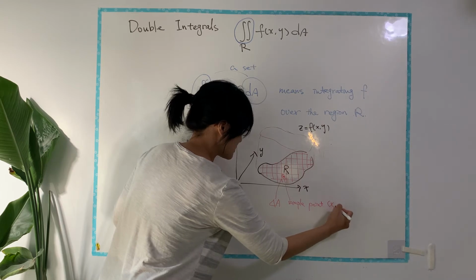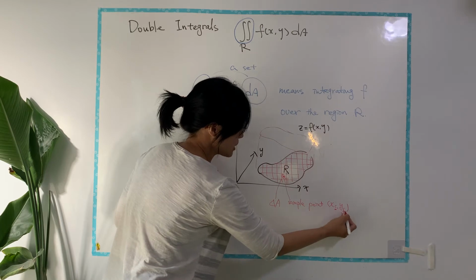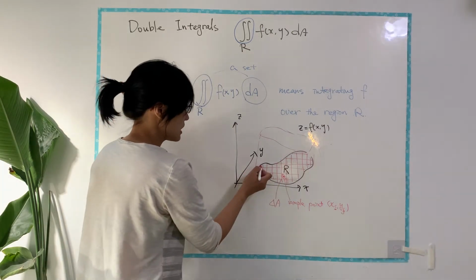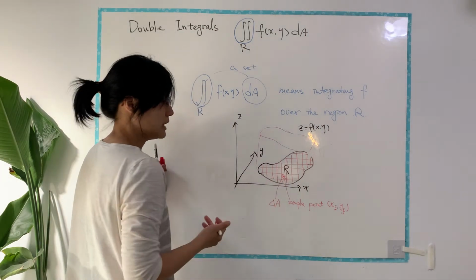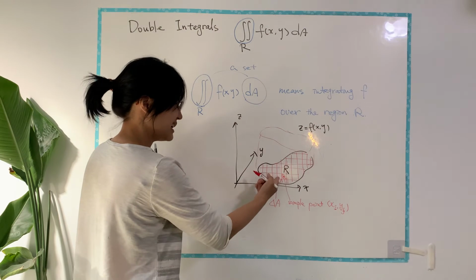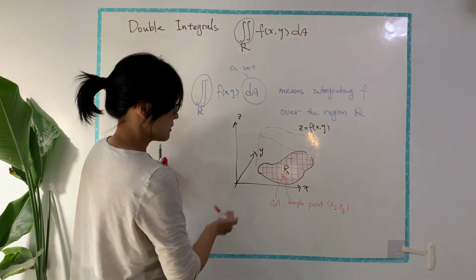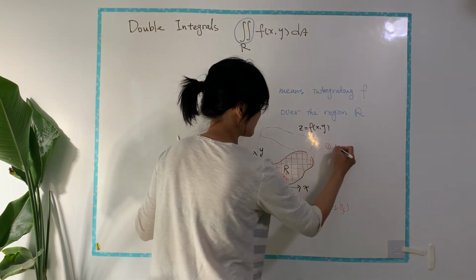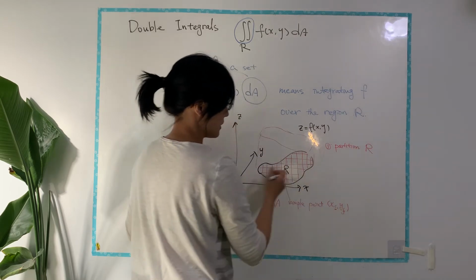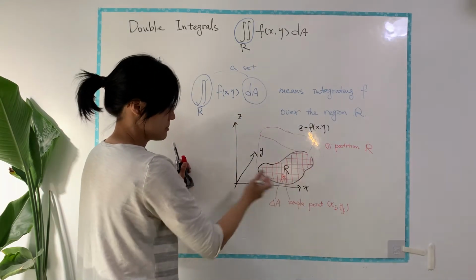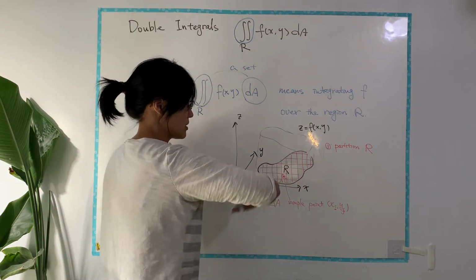Let's say x_i, y_j. The i and j here are just indices to tell you which rectangle we're looking at. So first we partition the region R, so we have small rectangles, and we can label them using i for the x direction and j for the y direction.